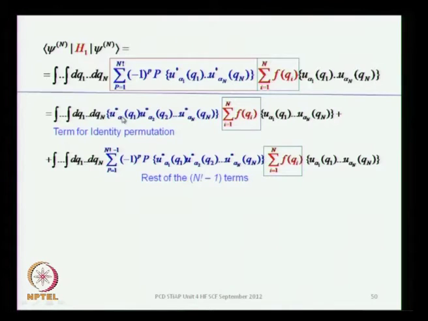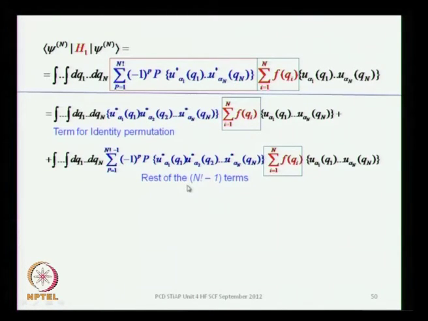So, for the identity I will have u alpha 1 star q1, u alpha 2 star q2, up to u alpha n star qn. This is just the complex conjugate of what you have on this side, okay. That is the one which comes from the identity, and then you have got the remaining permutations, and how many are there?